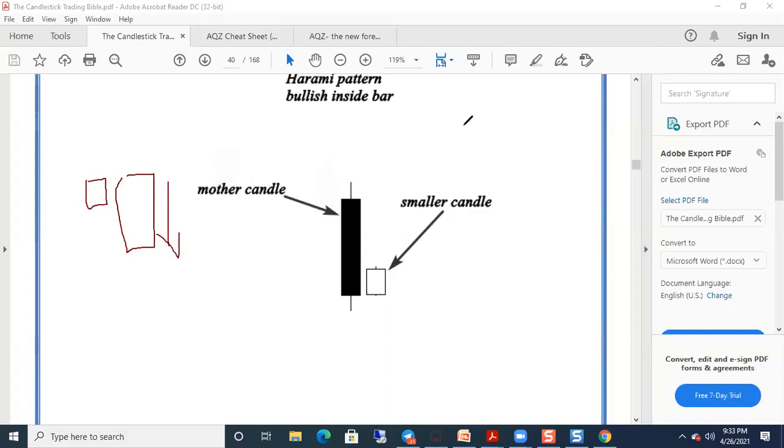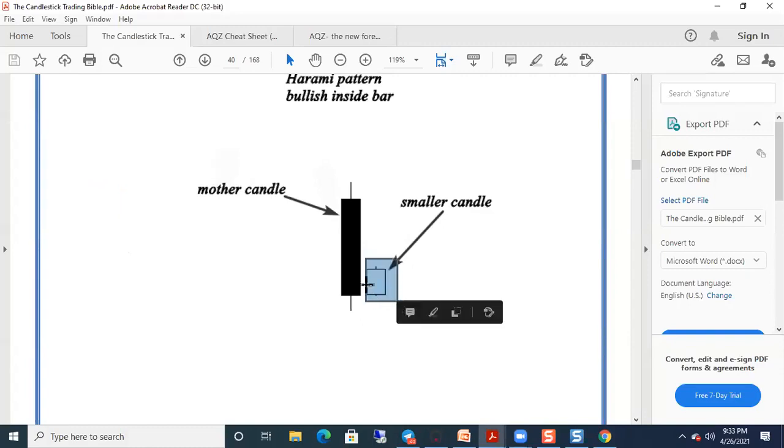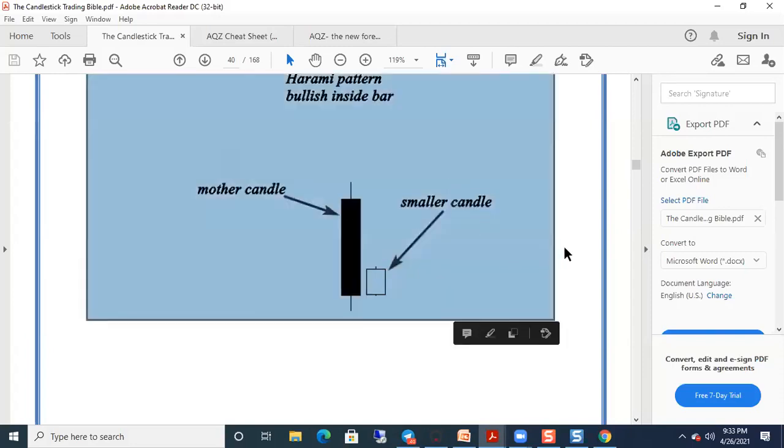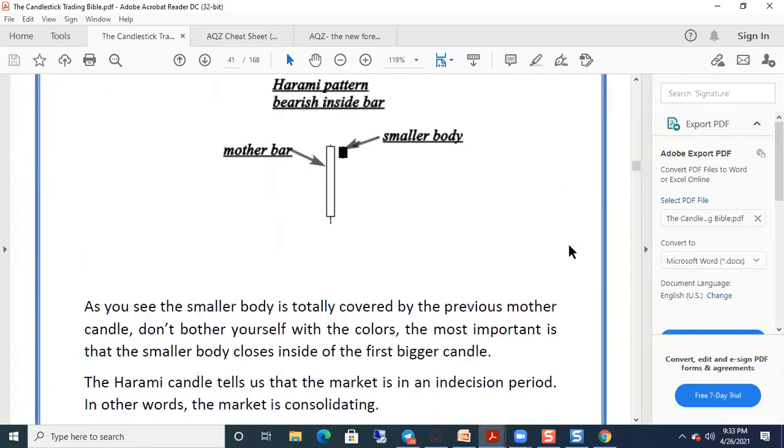But this is an inside bar. Inside bar. Right? When we have a bullish candle inside a large bearish candle, we'll call it a bullish inside bar. And of course, the opposite is true for a bearish inside bar.